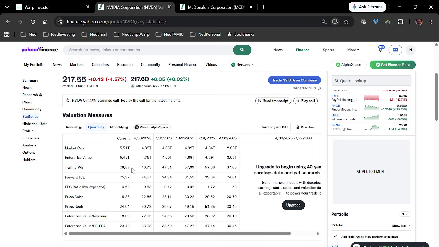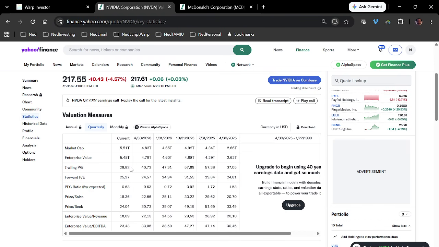Now notice one interesting thing though. The trailing PE is the price earnings ratio today. The forward PE is the expected price earnings, so it's the current price with expected earnings a year from now. And you see that the difference is not that large.